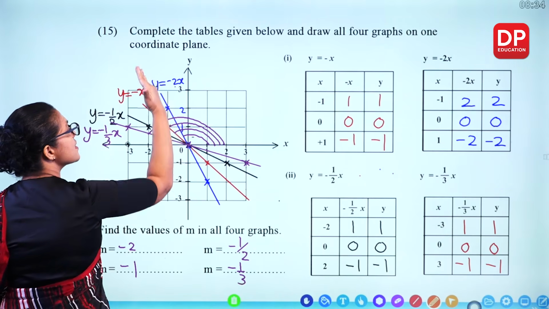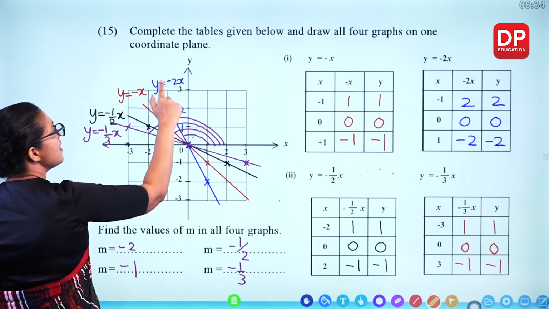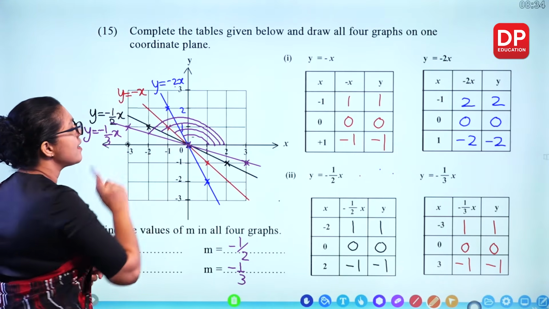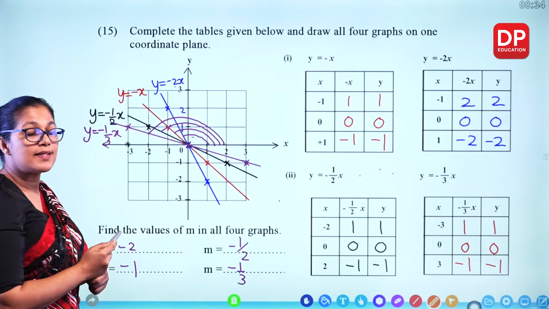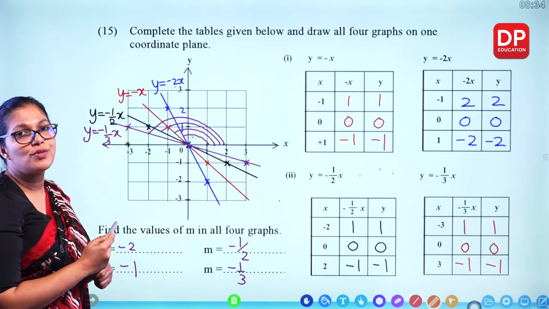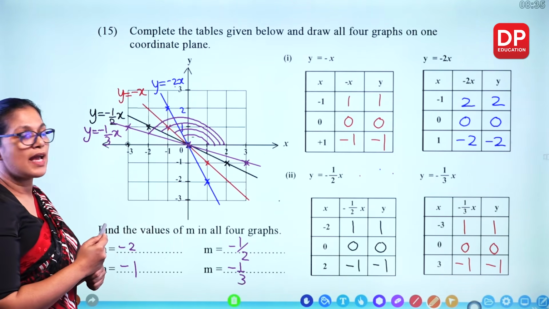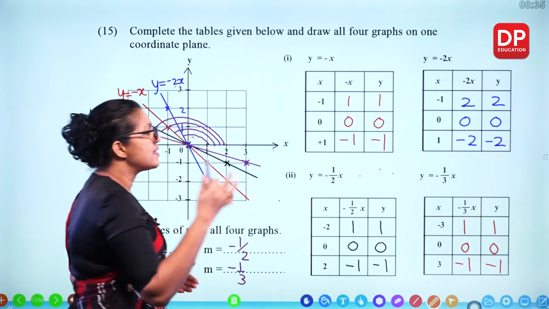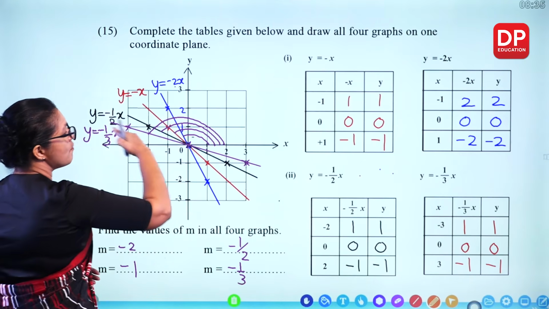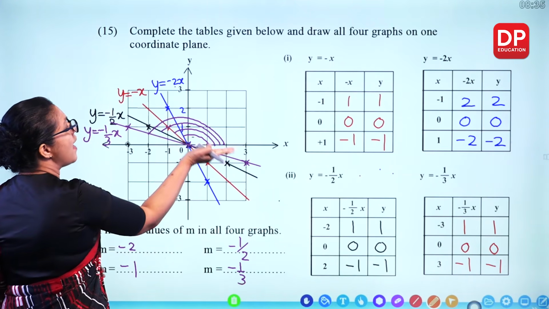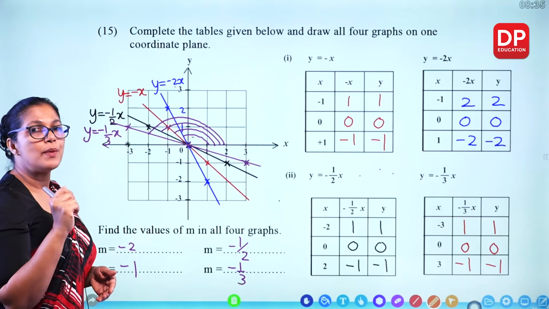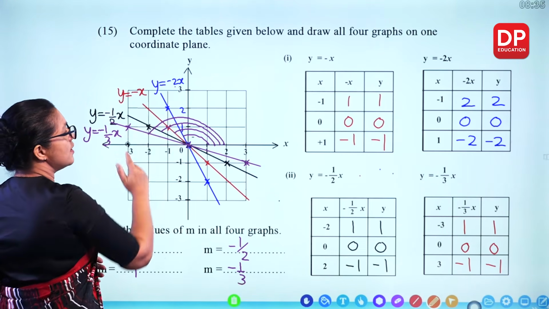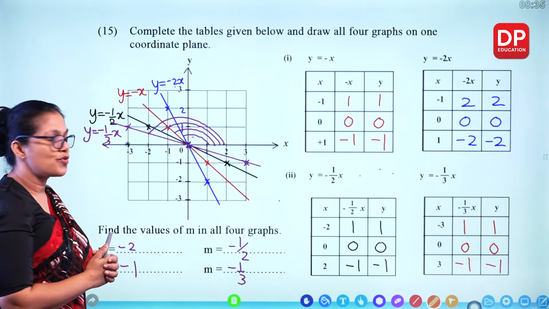So the steepness is increasing, but since this is negative, the angle with the x-axis is an obtuse angle, not an acute angle. So remember that when the graph is y equals negative something, you get a graph this way. The angle is always an obtuse angle with the positive x-axis. This is measured anti-clockwise. Anti-clockwise, it's an obtuse angle.